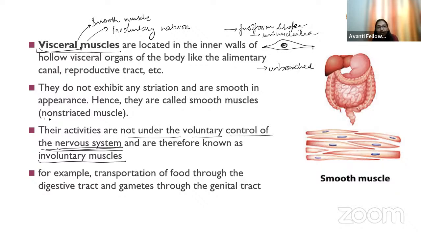One more important point, they're non-striated muscles. They do not show striations. There's no light and dark band alteration. And they're mostly found in the lining of the digestive tract, genital tract.